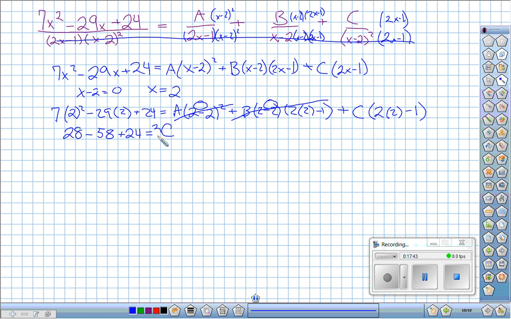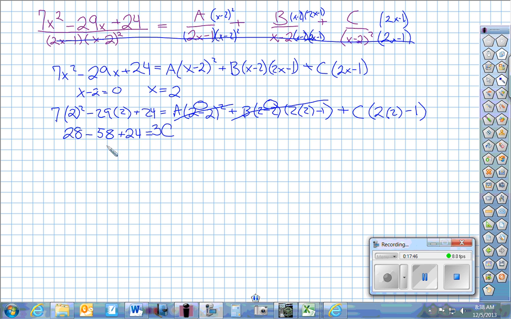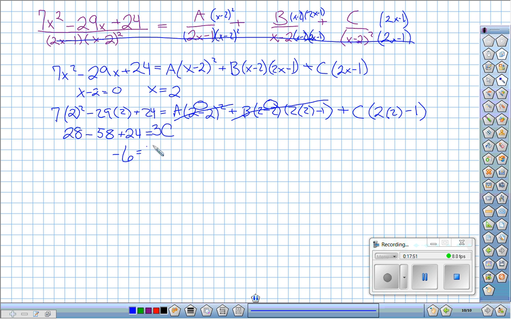So I'm going to write that 3 out front. 28 minus 58 plus 24 is negative 6 equals 3c. I'm going to divide both sides by 3, and I get negative 2 equal to c. So that's one of our nice little answers that's going to go up here. And then I'm going to pick a letter for my other factor.